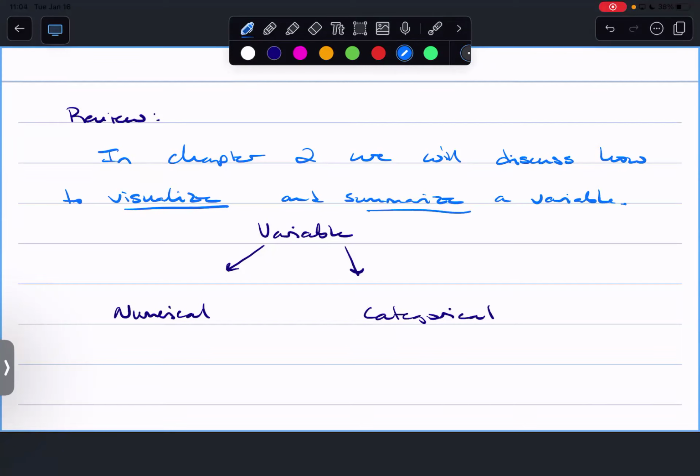The type of variable dictates what an appropriate visualization is or what an appropriate summarization is, right?